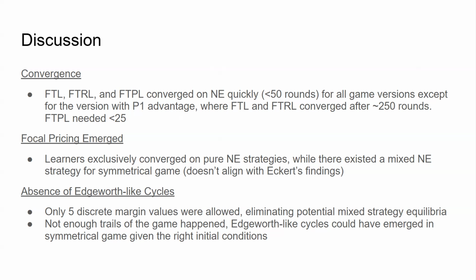And unfortunately, I did not see any Edgeworth-like cycles produced by these learners. I only saw focal pricing, where even though the symmetrical game did have a valid mixed strategy Nash equilibrium, none of the learners would converge onto that. I believe that this is because I didn't have enough discrete margin values or action values for them to take.